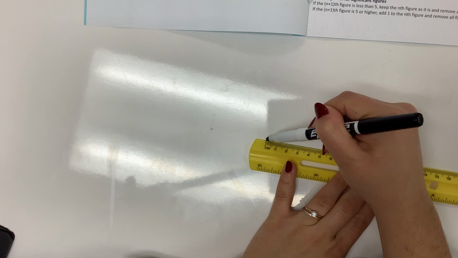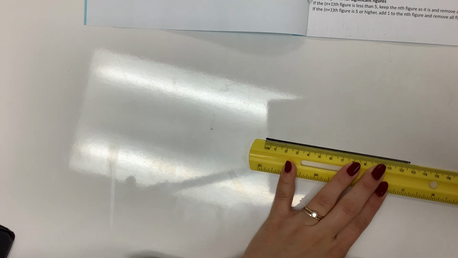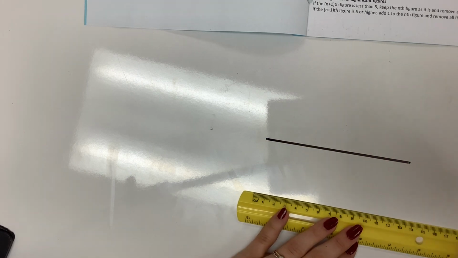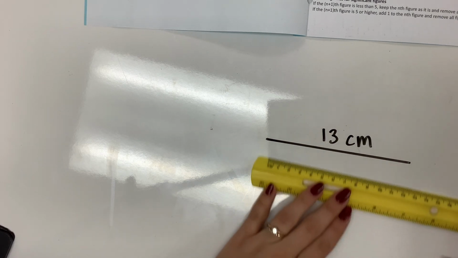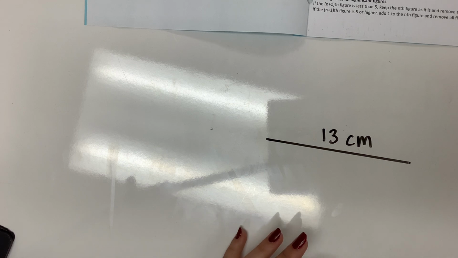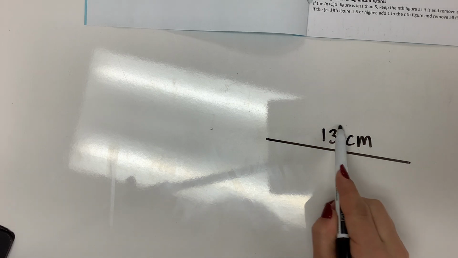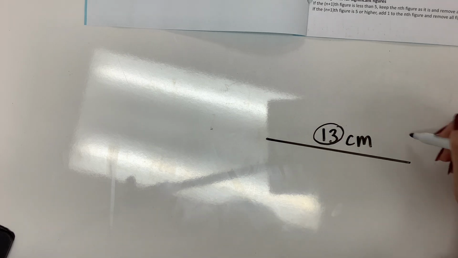Let's go back to that example where I tell you this is 13 centimeters, and let's say you didn't watch me measure it. If I tell you 13 centimeters, this could have been rounded. You don't really know.